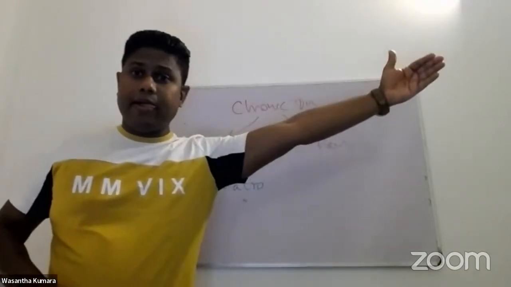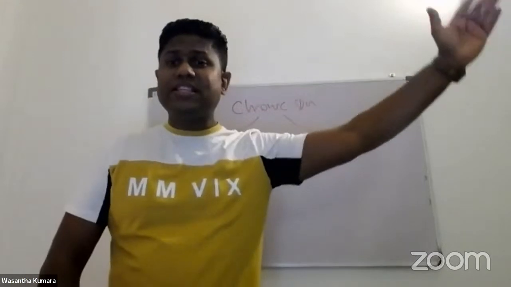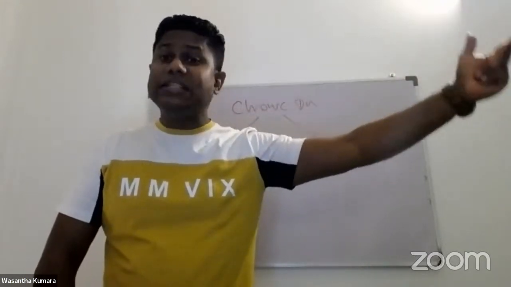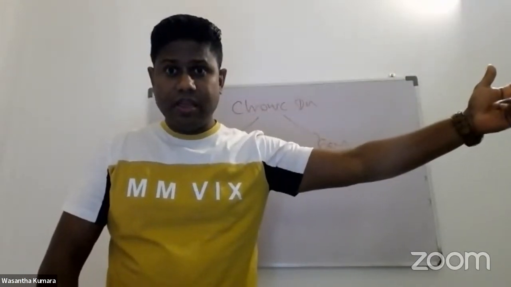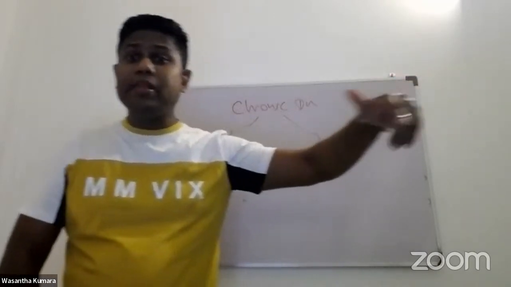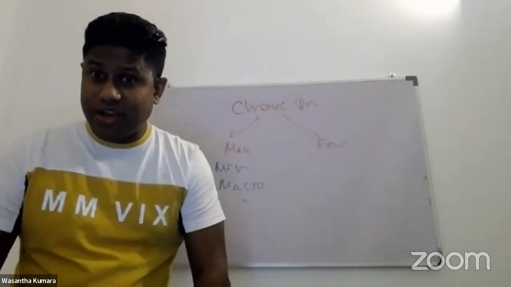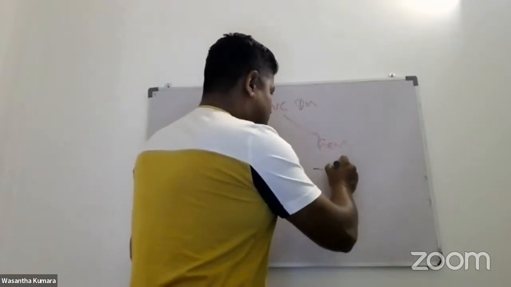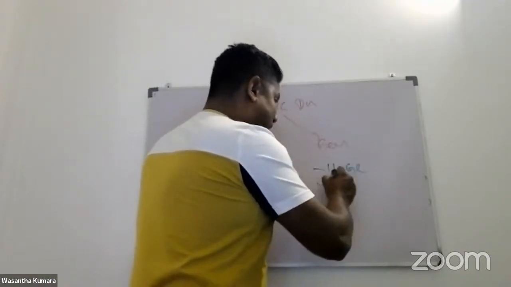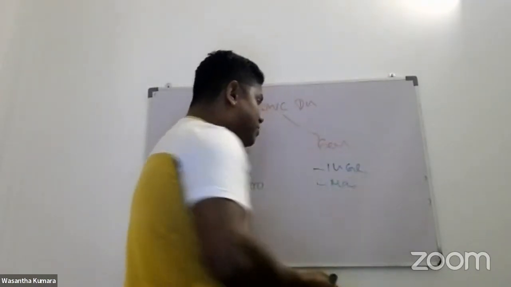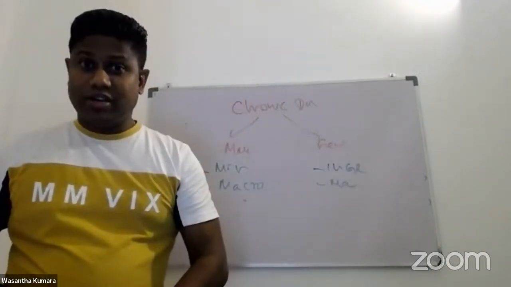Start from the beginning. After the conception, there is a risk of miscarriage, congenital abnormalities. When you come to the second trimester, there is a risk of IUGR. The baby can be either macrosomic with polyhydramnios, or even IUGR.